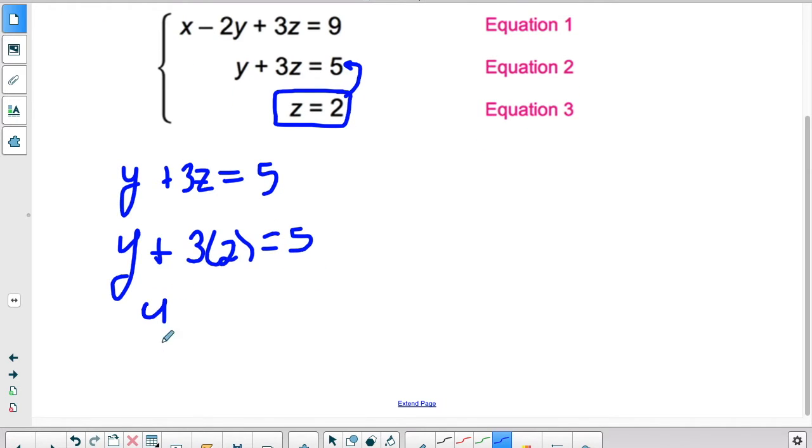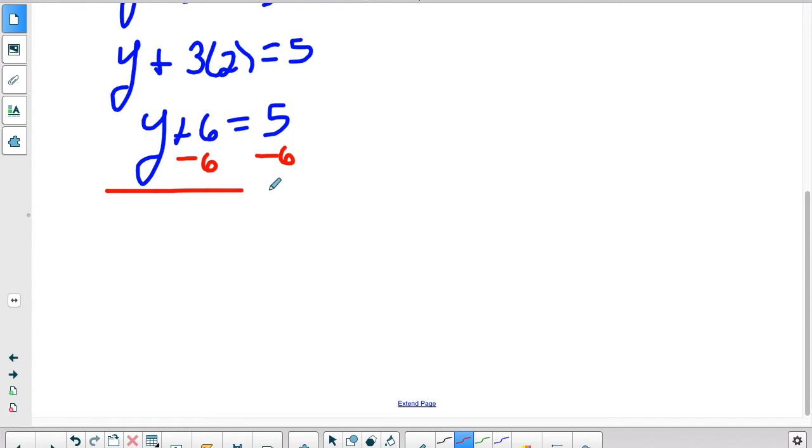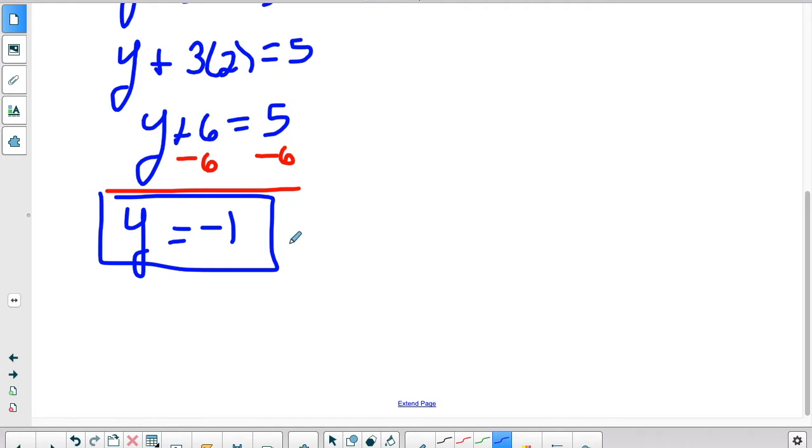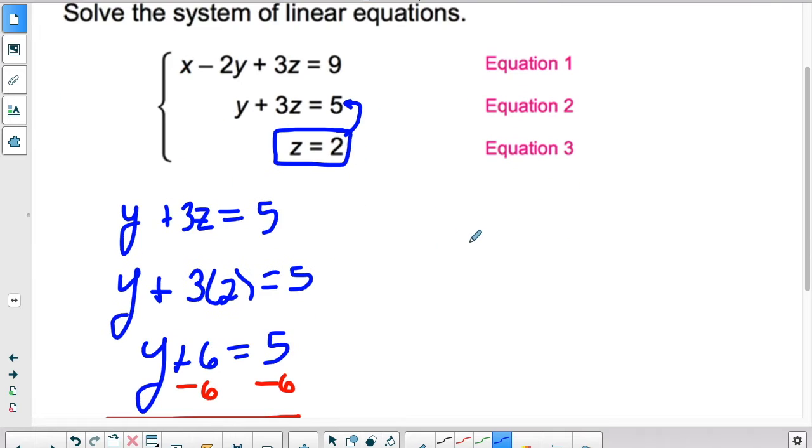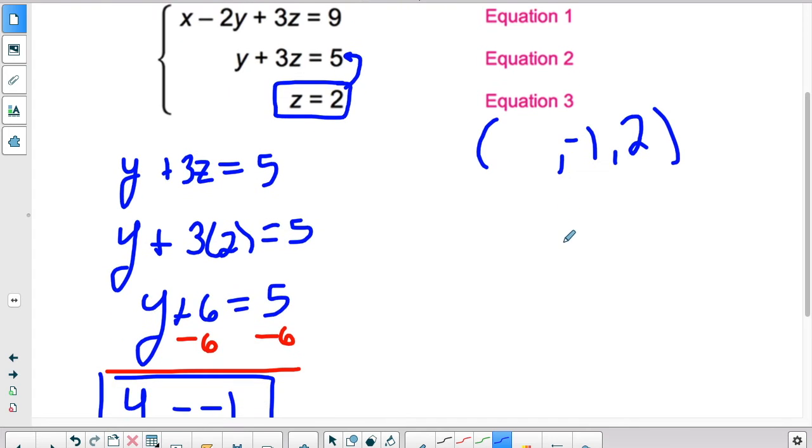Well, 3 times 2 is 6, so y plus 6 is equal to 5. At this point, we can subtract 6 from both sides, and we get that y is equal to negative 1. So in our solution, we have that y is negative 1 and z is 2.